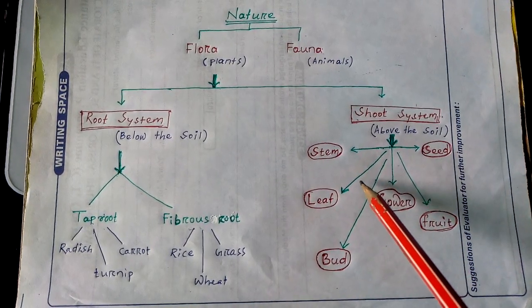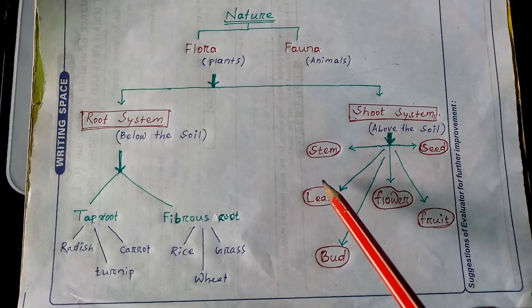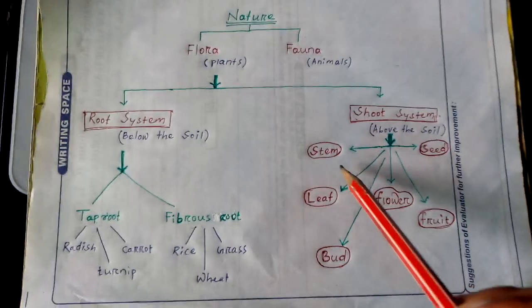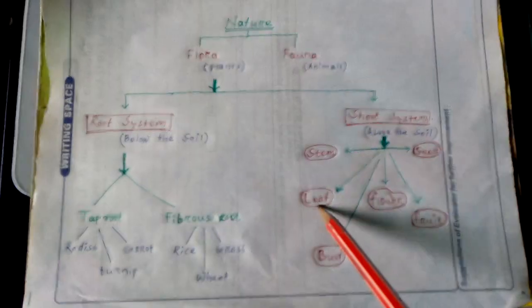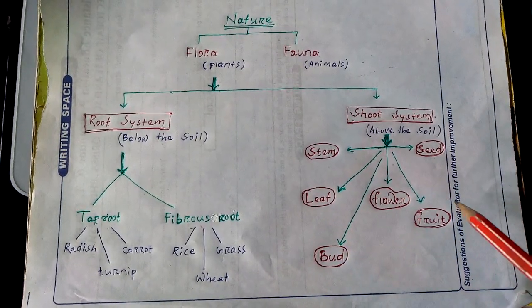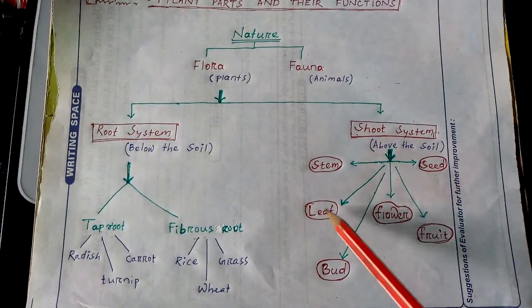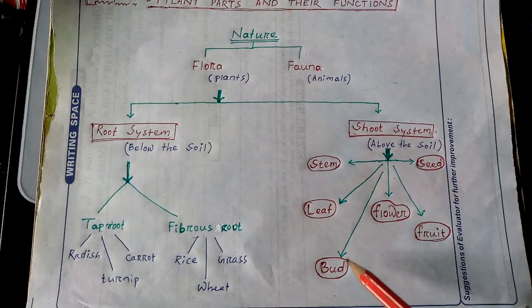Above the soil there is a combination of different things: stem, leaf, bud, flower, fruit and seed. You know all the things except bud.